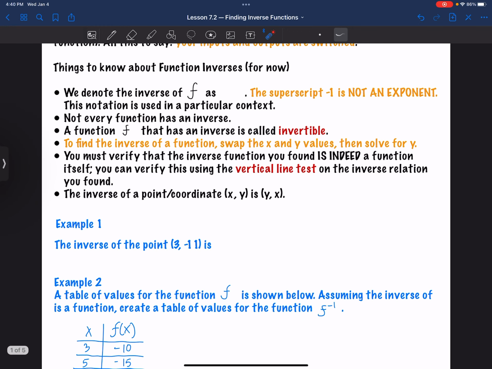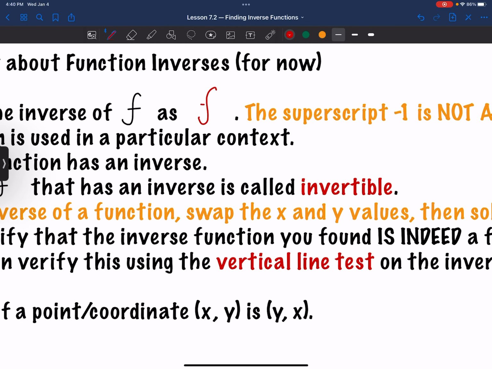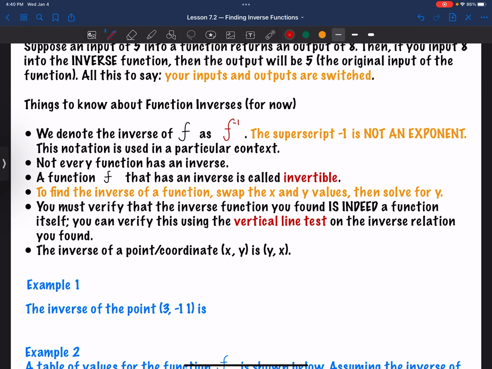So here are a few things we really need to know about inverse functions for now. We denote the inverse of a function f as f inverse. We talked about this in class: the superscript of -1 is not an exponent. We use this notation in a particular context. If I say x to the power of -1, that's a negative exponent, and I know that because we usually use x as a variable.